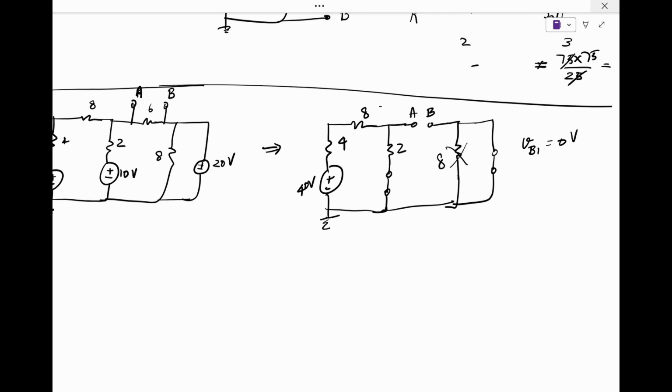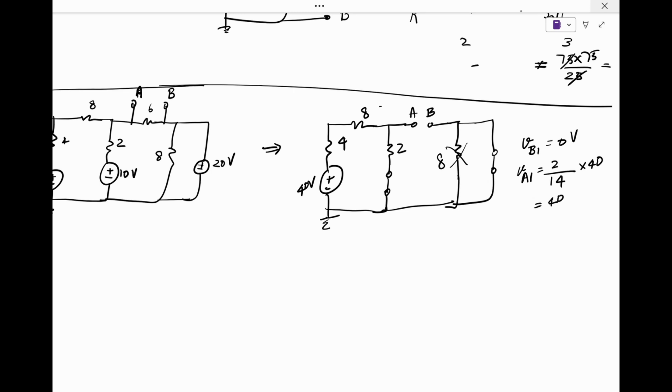And what is the voltage VA1? To calculate that, this is basically a voltage division between the 4, 8 and 2 ohms. So VA1 would be 2 divided by 14 times 40. So I'm just doing basic voltage division.